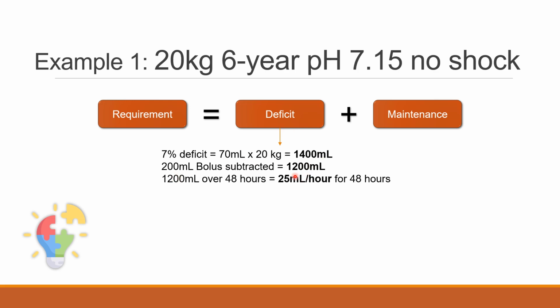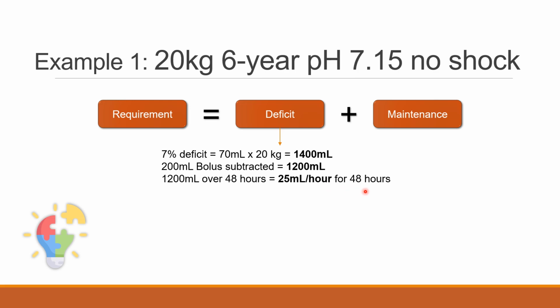This is the total deficit amount left, that is 1200 ml, but the deficit has to be calculated over 48 hours. That means we have to give this 1200 ml fluid over 48 hours. So how much is it coming? It is coming at 25 ml per hour for 48 hours. So the deficit rate is 25 ml per hour for 48 hours.